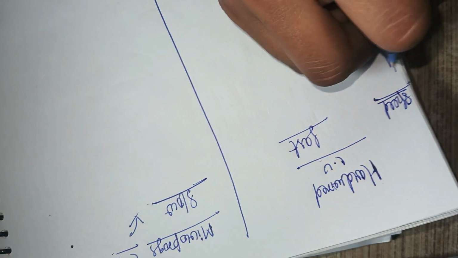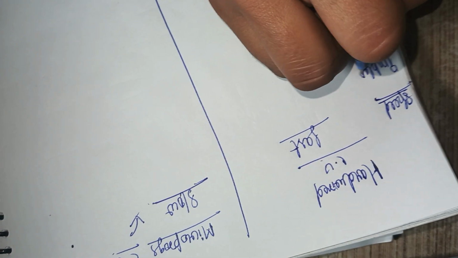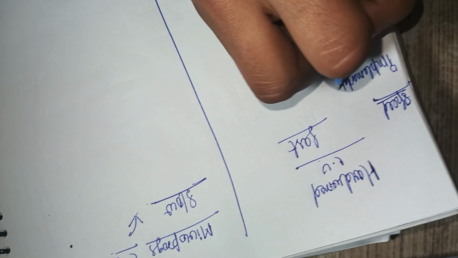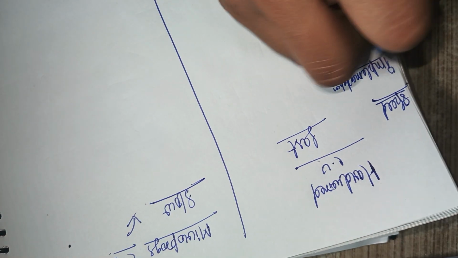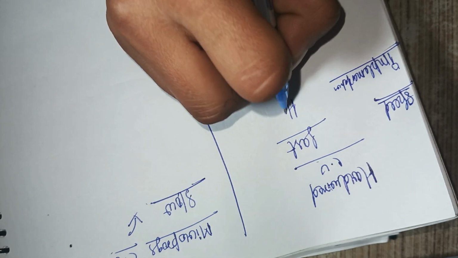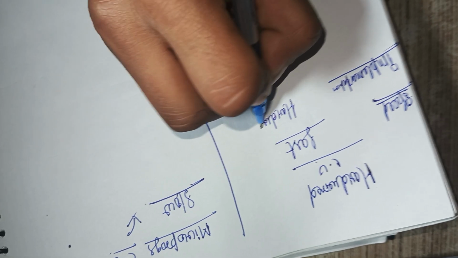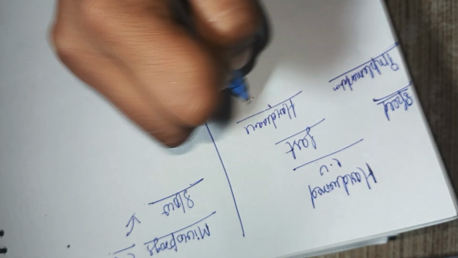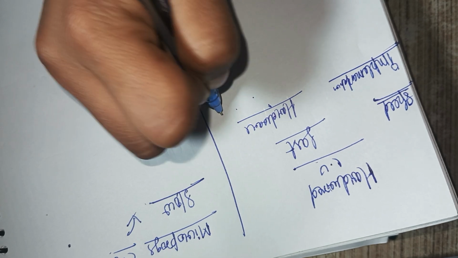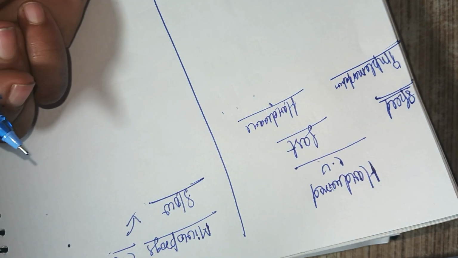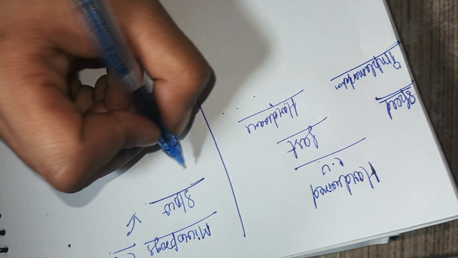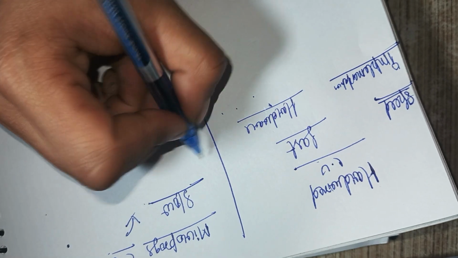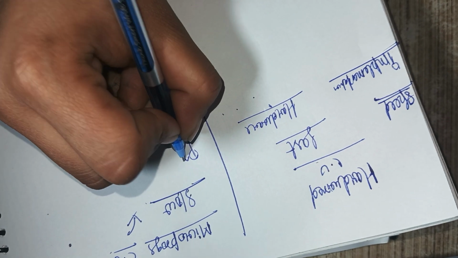And if we talk about the implementation, hardwired is implemented using hardware like flip-flops, decoders, encoders, and other digital logic circuits, whereas microprogram is implemented using software.